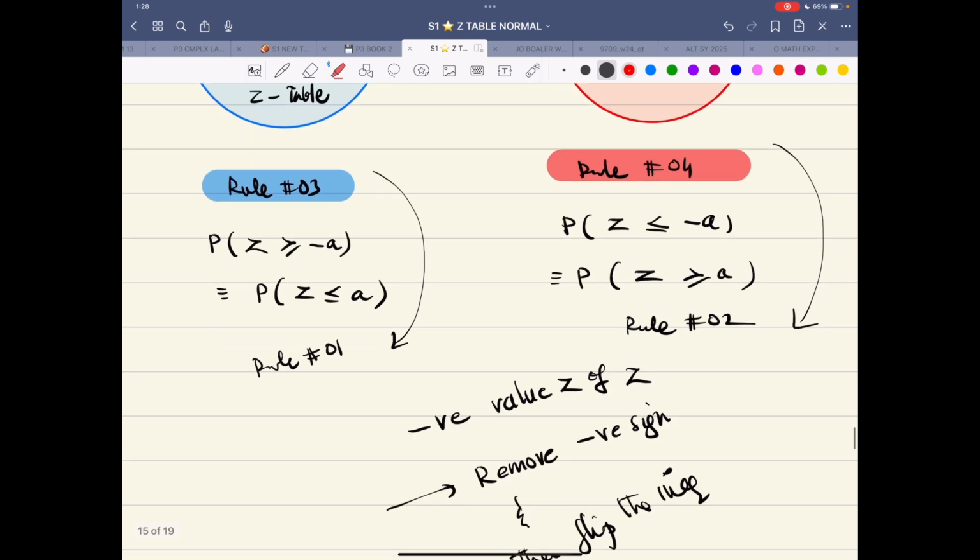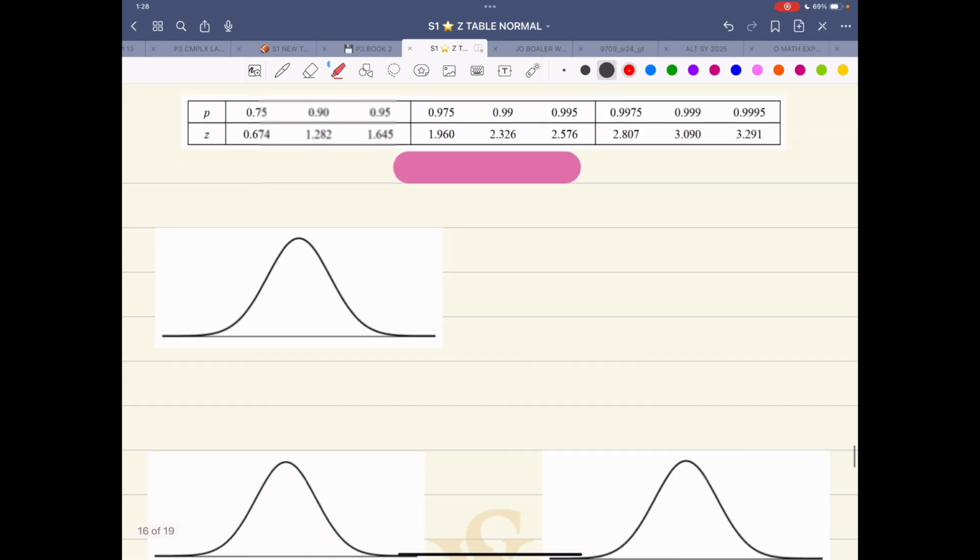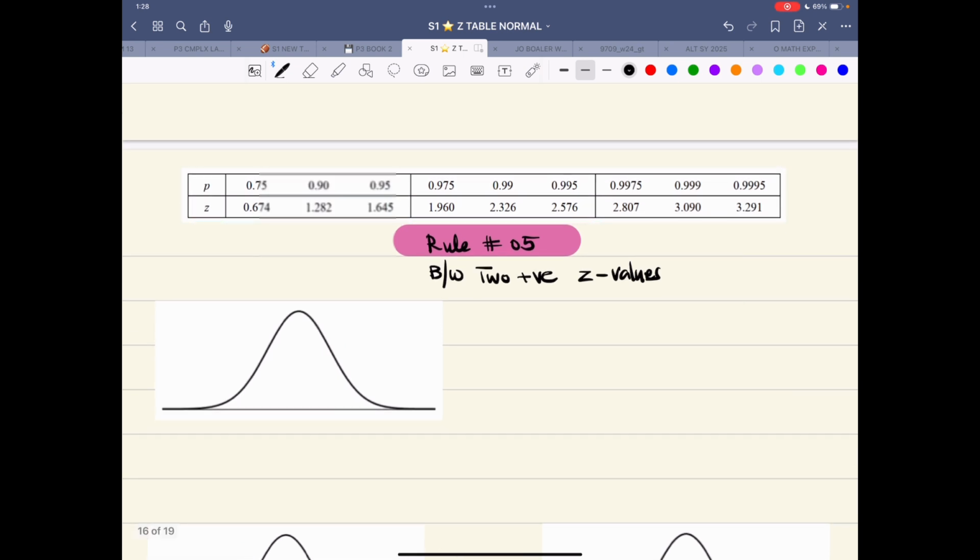Let's continue the journey. So now I'm interested in rule number 5. And instead of using symbols at this point, let me write over here between 2 positive Z values. Let me choose 2 values from here: the 97.5% one, 1.96, and this one that is 90% and 1.282.